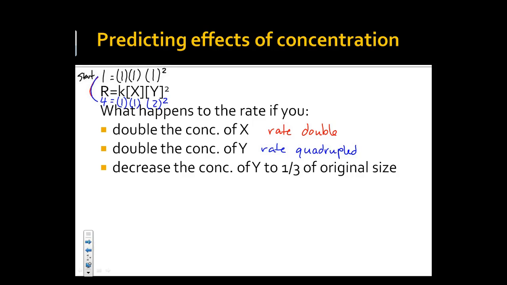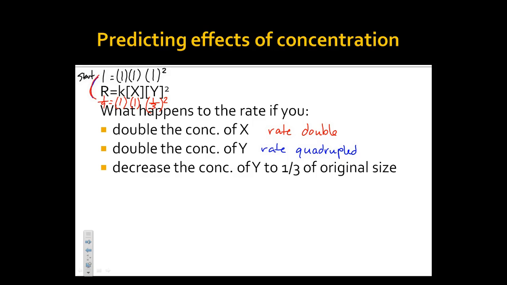Next one. What if we decrease the concentration of Y to 1/3 of its original size? Okay, so I'm going to go back to the start. K is 1, X is 1, Y is 1/3 of its original value. So it's 1/3, but it's still squared. Now, if all this is true, then what is my reaction rate? 1/9.